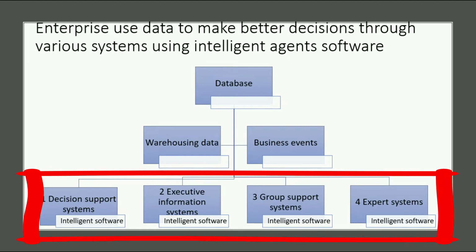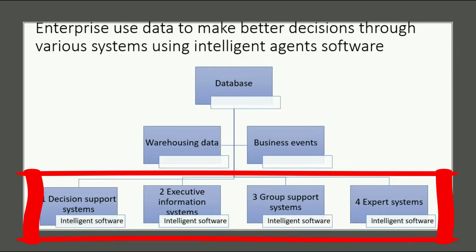So there's a database, and then there's a warehousing data for contingency purposes. Then there are business events taking place that update the database and also update the warehousing data.